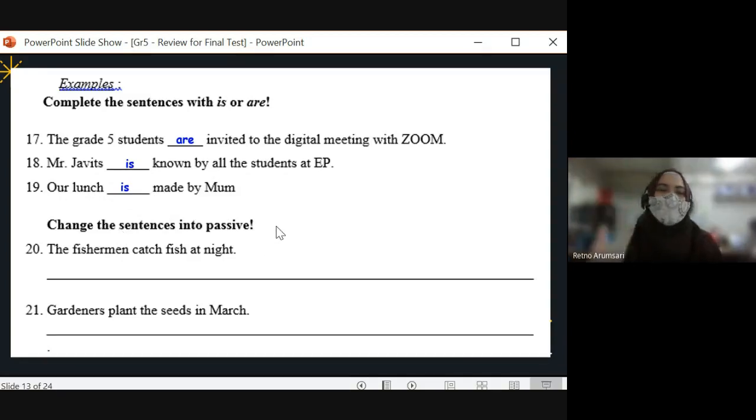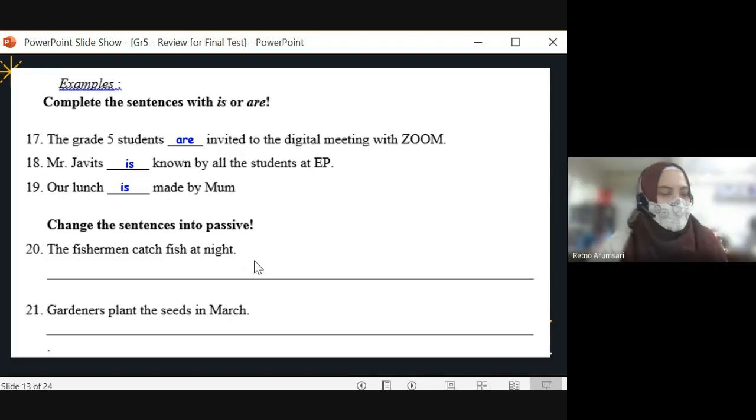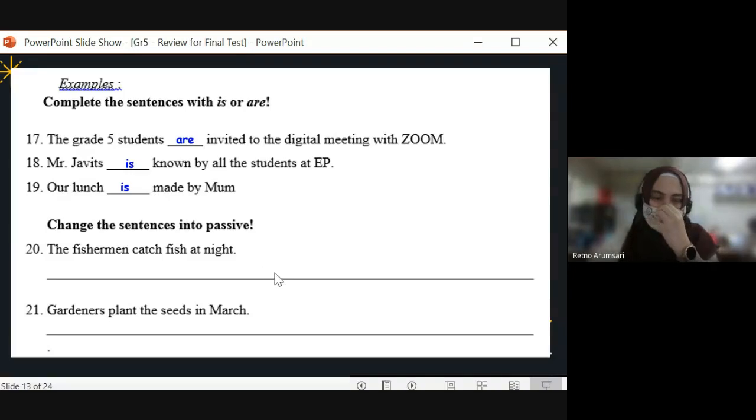Now, number 20. This is where you need to change an active sentence into a passive sentence. What is the object of the sentence here? Fish. How many fish are there? More than one. Yes, because one fish, two fish, three fish, four fish, 100 fish.